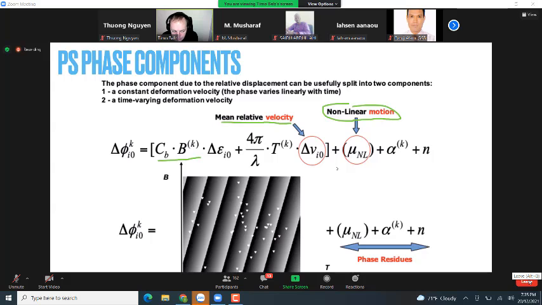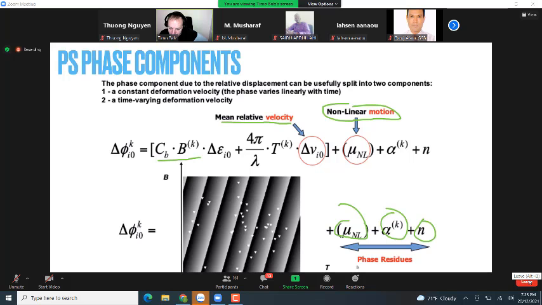And also, if we estimate all of them and remove them, we're going to have these phase residuals, which can be related to the atmosphere, to not corrected nonlinear motion, or to noise.